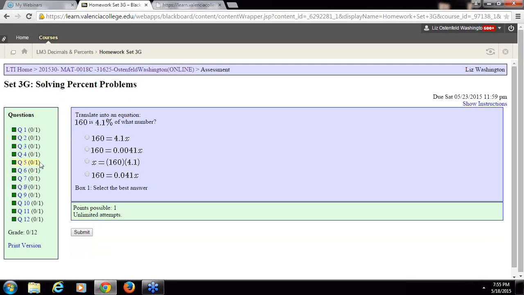All right, so I want you guys to look at this and type in how you think it's translated. Type to me how you think it looks. I'll give you a minute to go ahead and type.